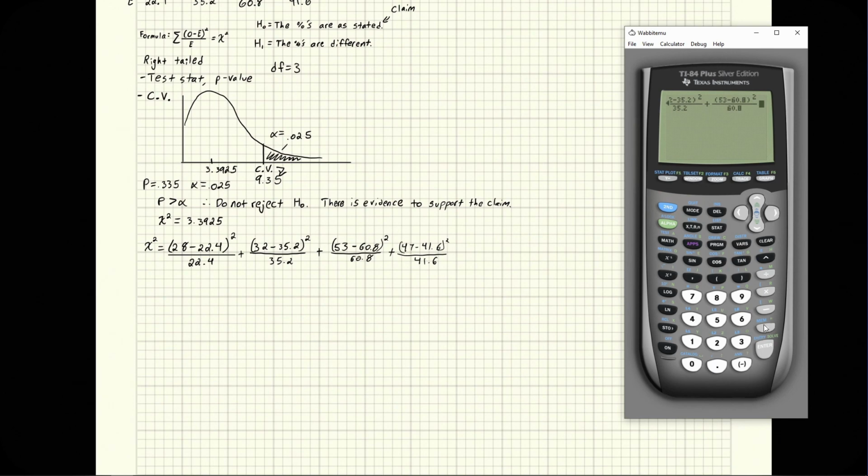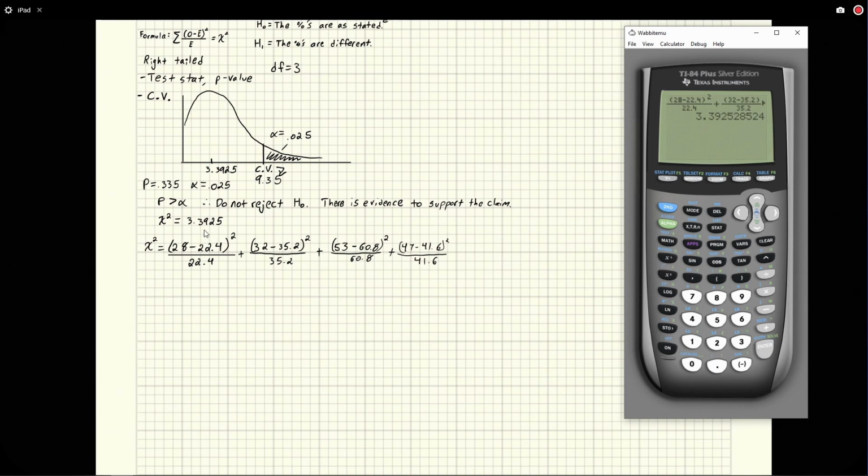And then we're going to add alpha F1, fraction, parenthesis, 47 minus 41.6, close parenthesis, square, come down, 41.6. Now we're going to simply press enter because that's everything. And we get 3.392528 and so on.